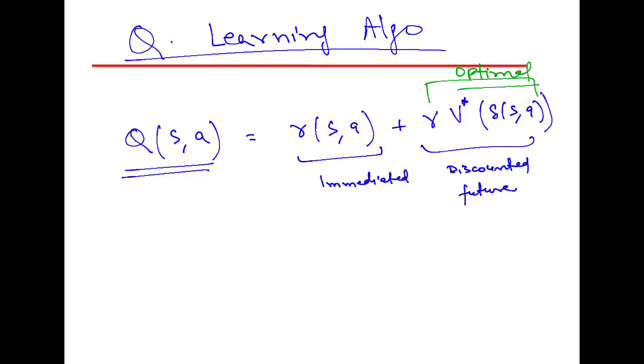If I knew Q(S, A) for every state, if I knew the optimal, then I can just pick up the optimal action A, just take an action that maximizes the Q(S, A), because this is the total reward if at state S you take the action A. So if you can learn this function Q, then I can actually make my agent give the optimal reward. So that is the basic idea, how do we learn this function Q.